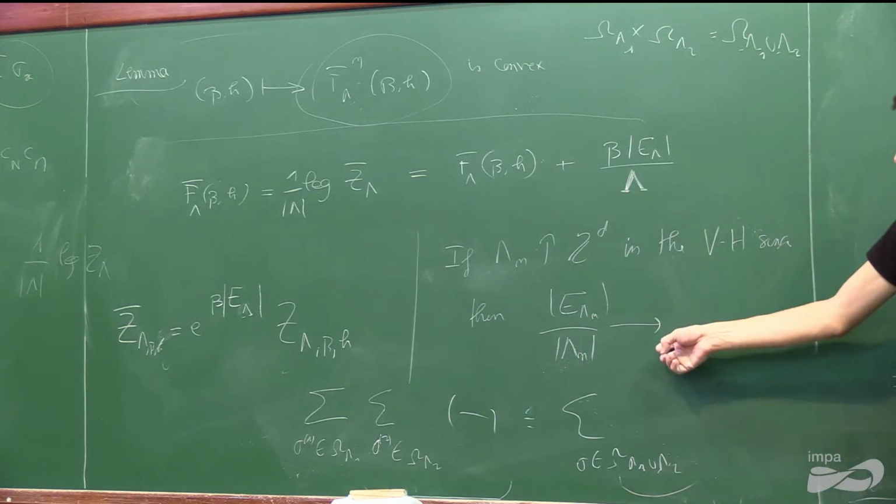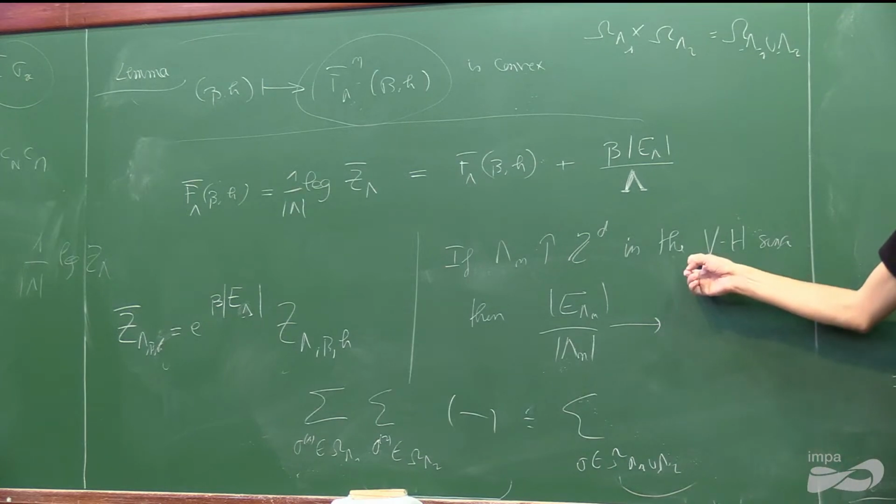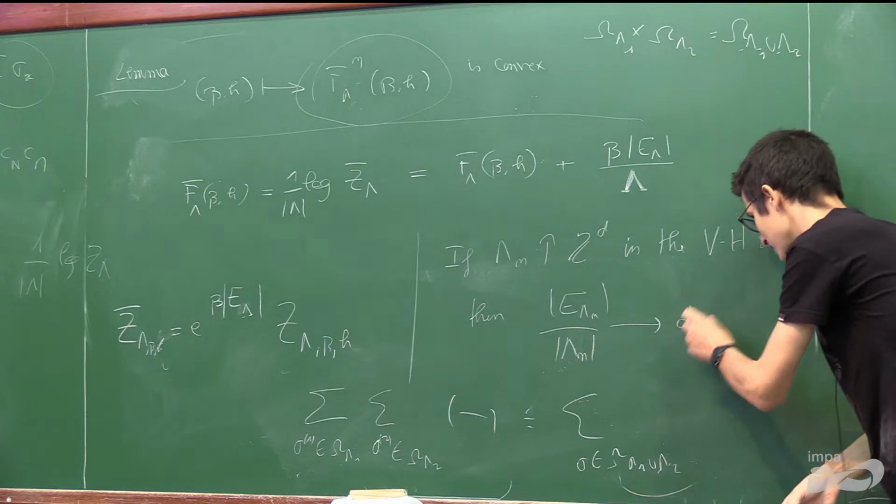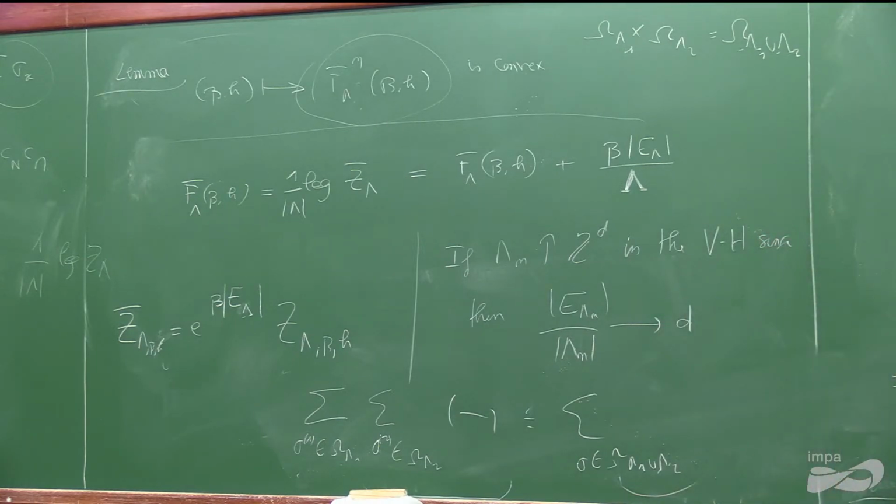This should converge to a constant if this converges in the Van Hove sense. What's the value of the constant? Yes, d. Is the volume of lambda? Yeah, here it's the volume of lambda. Yes.